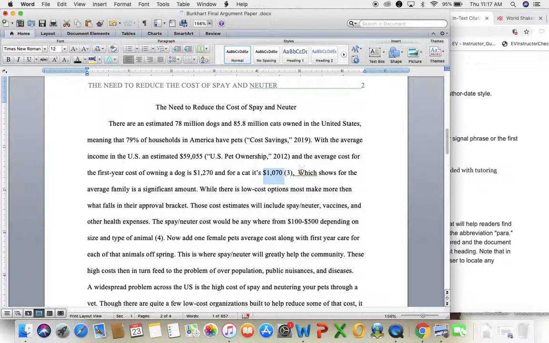So I think what you're trying to say is that based on the average income, these first year costs are a significant amount of the average American income. But what is not shown is that, for example, I don't know what the percentage of that is.